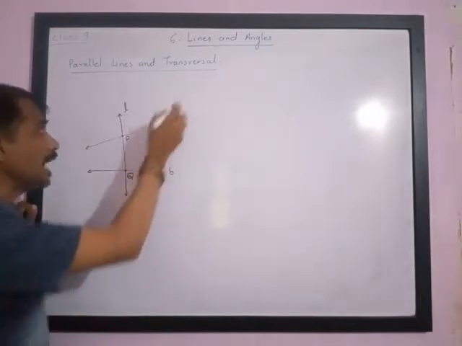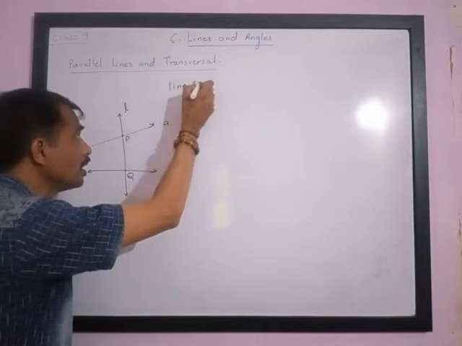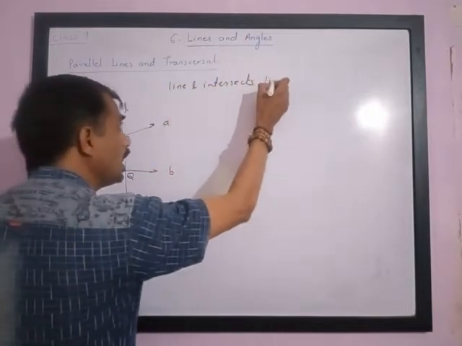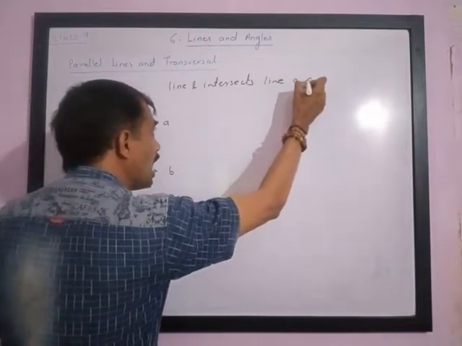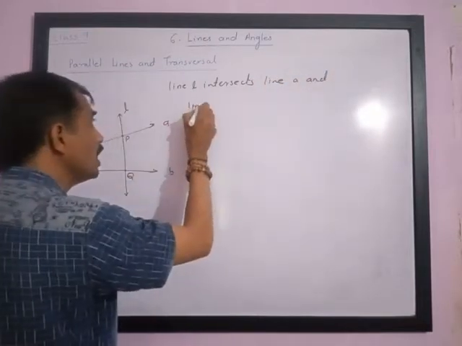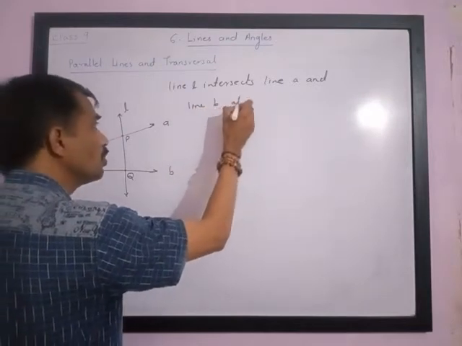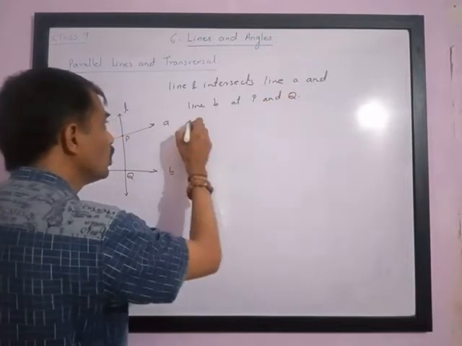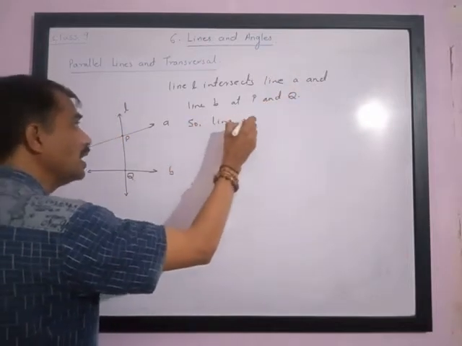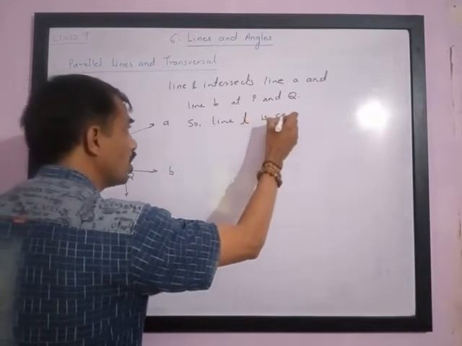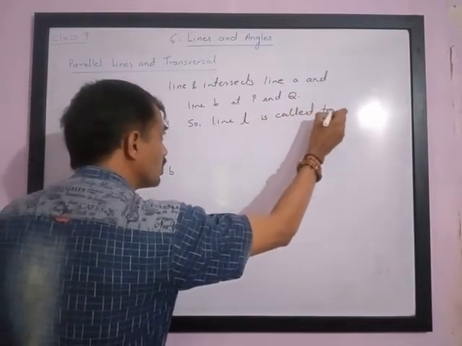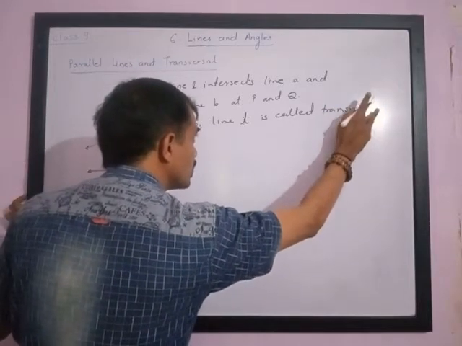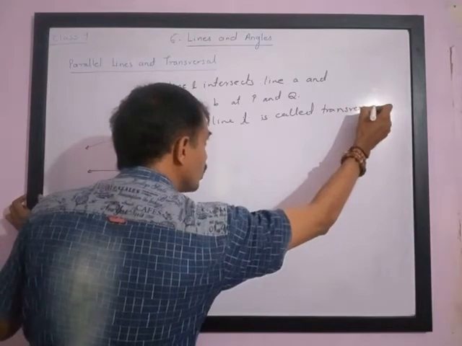So here line L intersects line A and line B at two distinct points, P and Q. So line L is called a transversal.